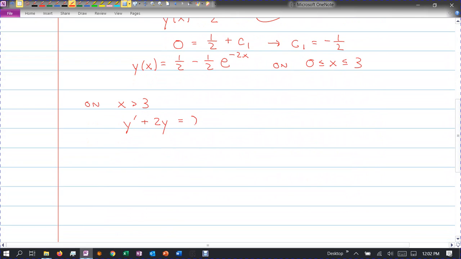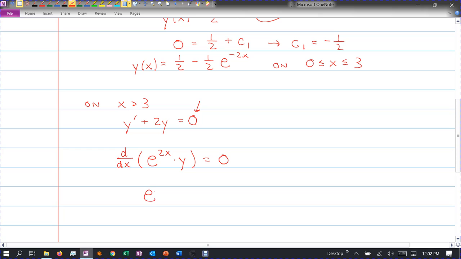So this must be 0, and we already know our integrating factor is e to the 2x. So nothing changes on the left side. The left side is going to be e to the 2x times y, but this time when we multiply the right side by the integrating factor, we just get 0.